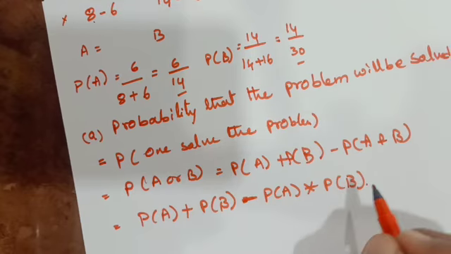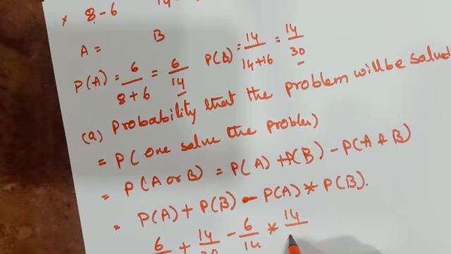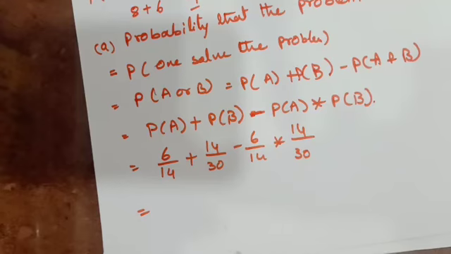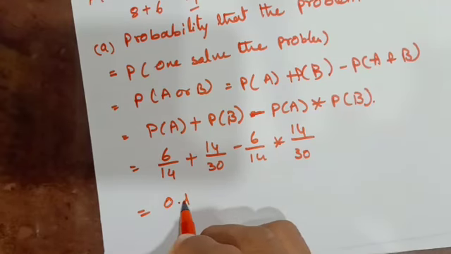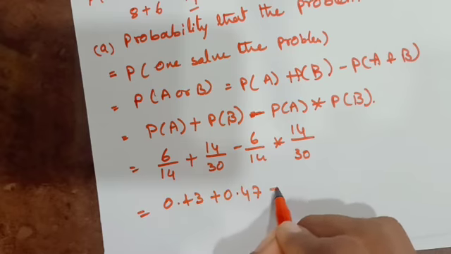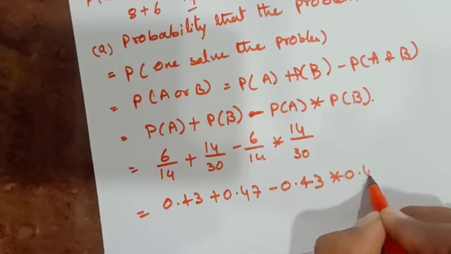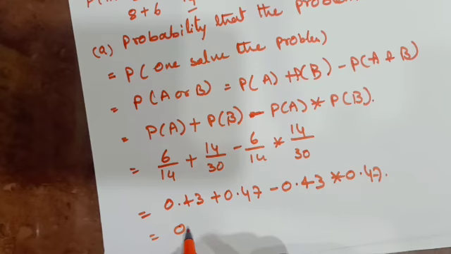So substituting the values, 6 by 14 plus 14 by 30 minus 6 by 14 into 14 by 30. So 6 by 14 you will get 0.43, plus 0.47, minus 0.43 into 0.47, that becomes 0.2209.